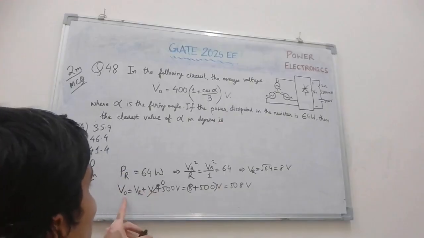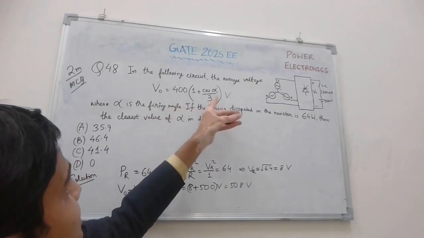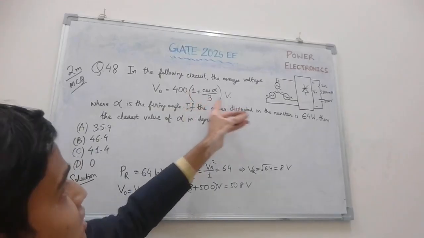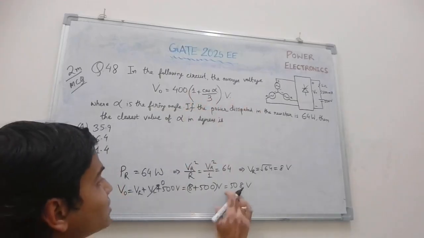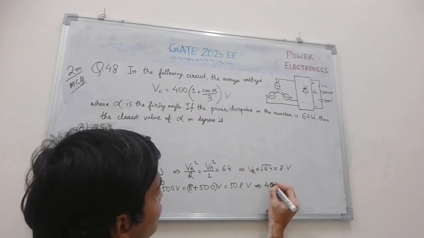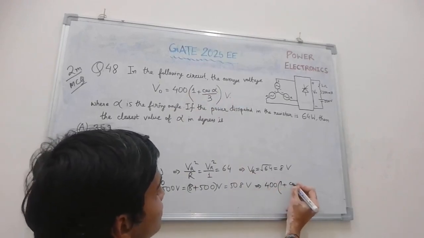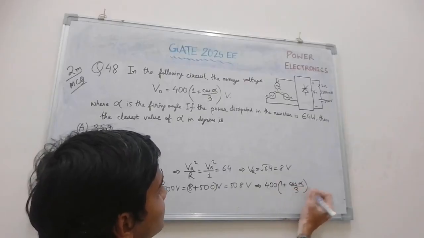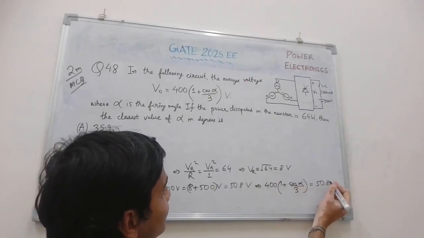Now this V0 value, the average voltage, was given in the form of alpha. The function of alpha is this. So you can equate this value with the one given. So we get 400 into 1 plus cos alpha by 3 equal to 508.